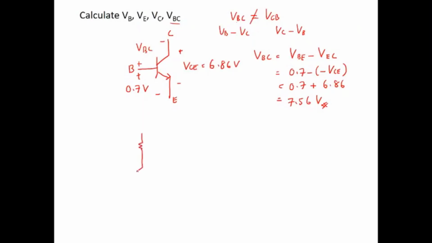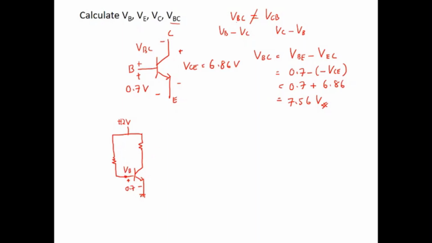This is RC, and E is connected to the ground, and then this is RB, and this is 12 volt. So what is VB?